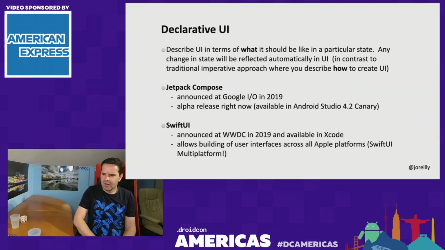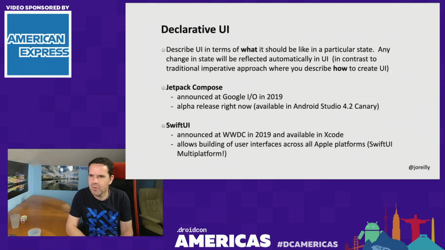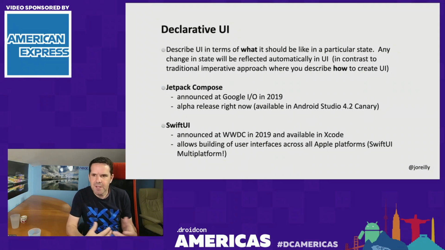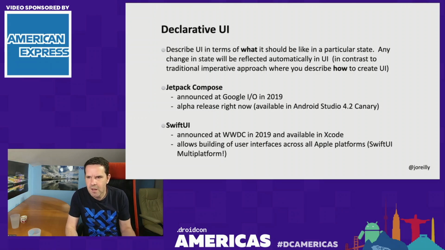I don't know how familiar people are with declarative UI, and some folks may have watched Jorge's talk just before this. But at a very high level, when we talk about Compose or SwiftUI as declarative UI frameworks, people typically talk about the what versus the how. In a declarative UI framework, you declare what your UI will look like in a particular state. And state is important in this context.